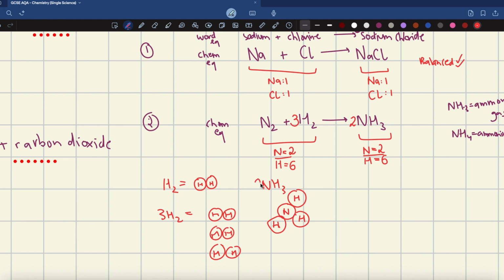If I add a 2 next to this, 2NH3, that means there are 2 of these particles. There are 2 N's, and each N is bonded to 3 hydrogen particles. Just like this, right? So this is how you end up balancing your equations.